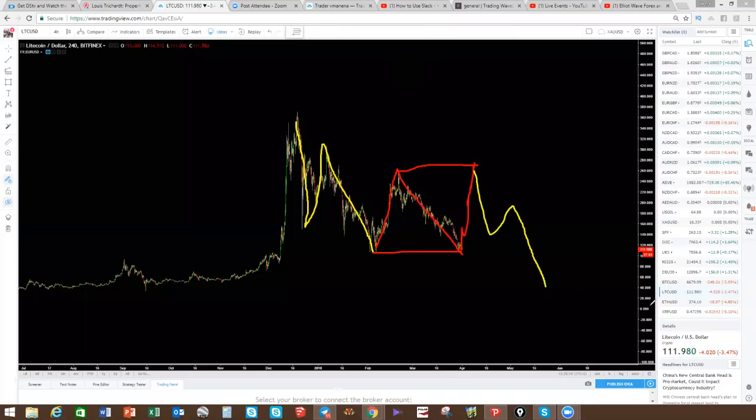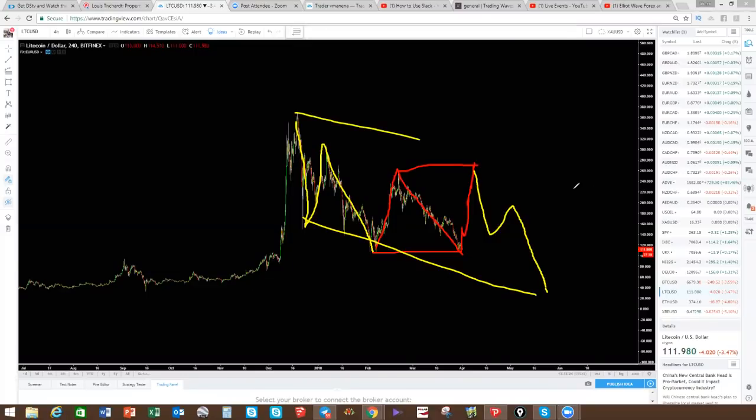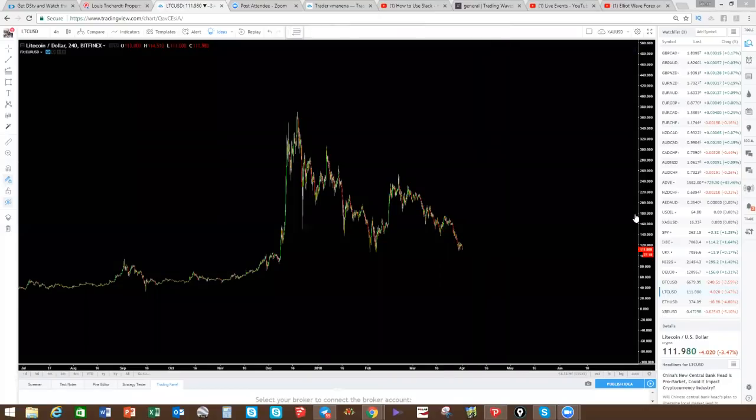Okay, very close to 0 there, if it doesn't go to 0. Okay, all of this is a correction, and after correction, then we want to see if we're going to get a bounce. Will we get to 0? I don't know, but that's what the structure is telling us. We're going to go to those levels. That's what the charts are saying.